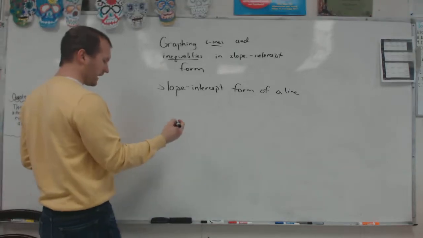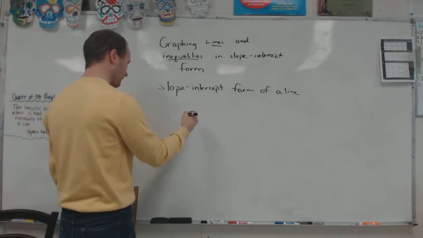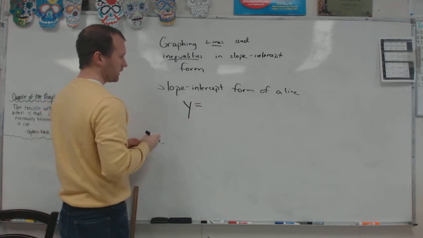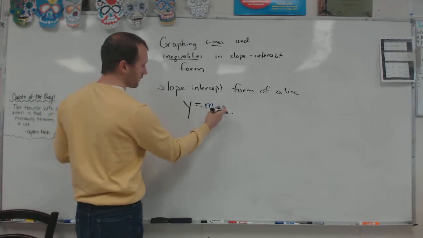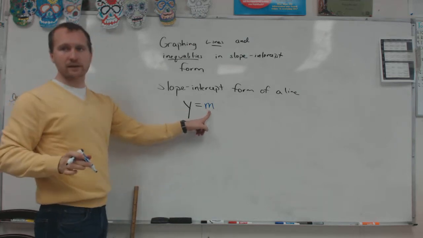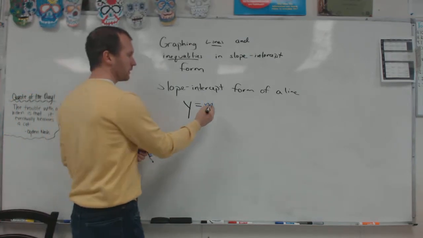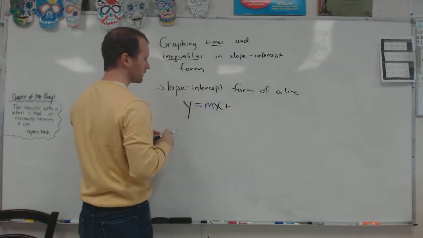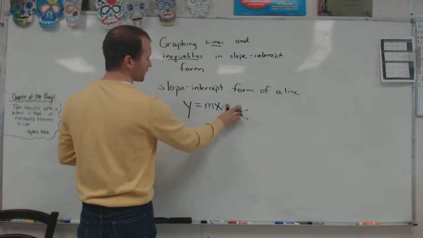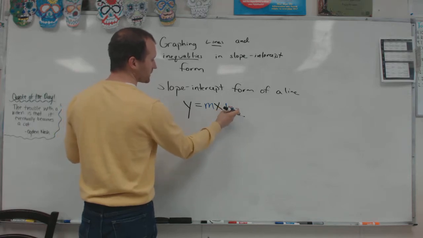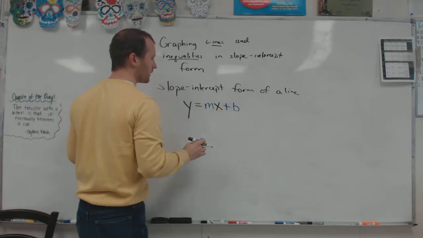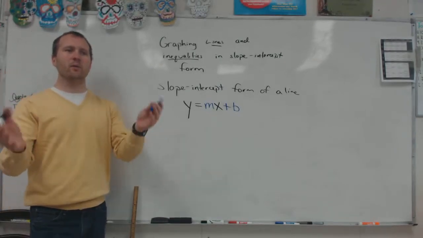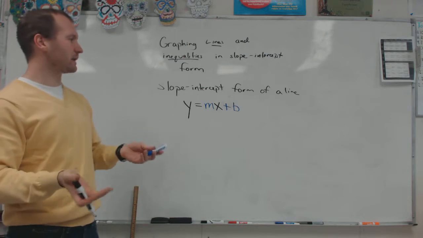We're always going to have y equals, and we're going to have the letter m, but that actually represents a number. You're always going to have an x plus, actually I'm going to put the plus in blue. Sometimes it's not going to be plus, sometimes it's going to be minus. But you guys have seen this before. So y equals mx plus b. Everyone say it with me. Y equals mx plus b.